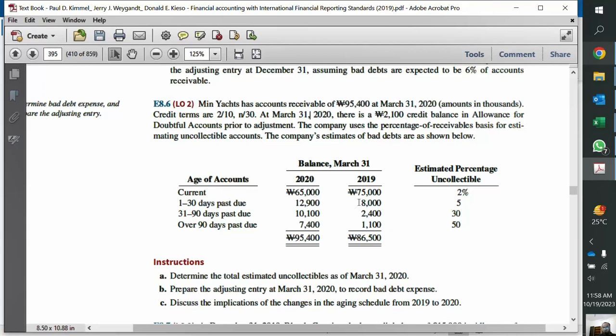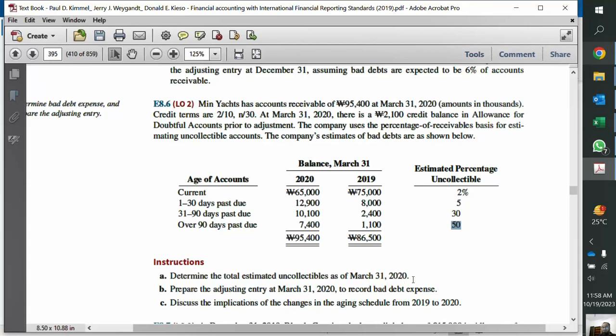We don't need to use this column for now, for requirement number one at least. 65,000 multiplied by 2% plus 12,900 multiplied by 5% plus 10,100 multiplied by 30% plus 7,400 multiplied by 50%, right? This will give us the total estimated uncollectible at March 31.